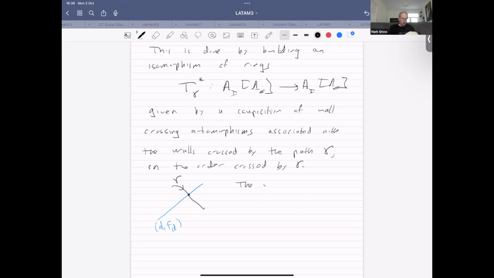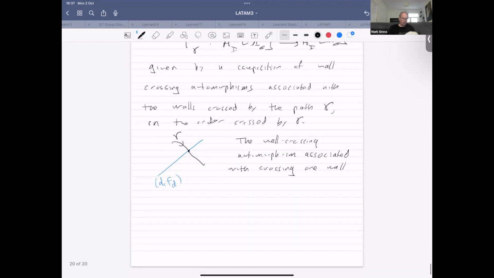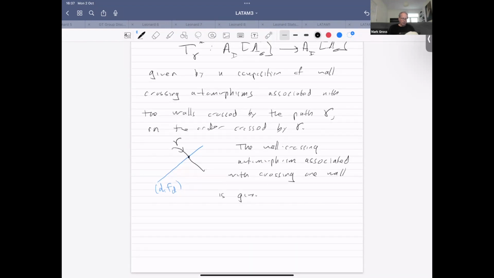So the wall crossing automorphism associated with crossing one wall is given by Z to the M gets mapped to some power of the wall crossing function FD to the power n divided on m. I will define n in a second, times Z to the M.